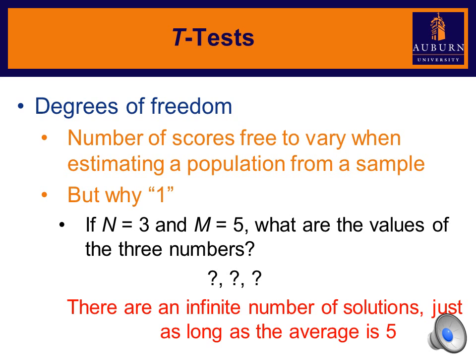We could also use the numbers 1,212, negative 100, and negative 1,097, and that would still meet our criteria. The average of those 3 numbers is again 5. And so there's an infinite number of solutions to this particular problem. Just as long as the average is 5, we can have any 3 numbers that exist. And so there's no shortage of solutions.